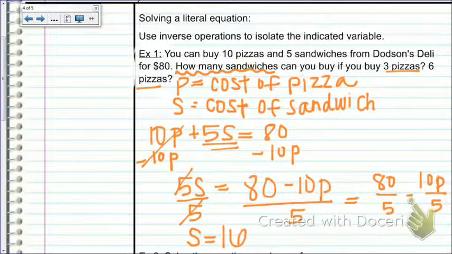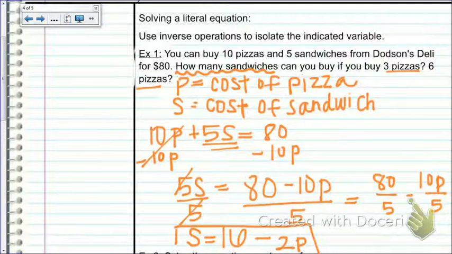What do you guys think? Yeah? Okay. Minus 10 divided by 5? 2. So minus 2p. Okay. We solved for sandwiches in the literal equation.